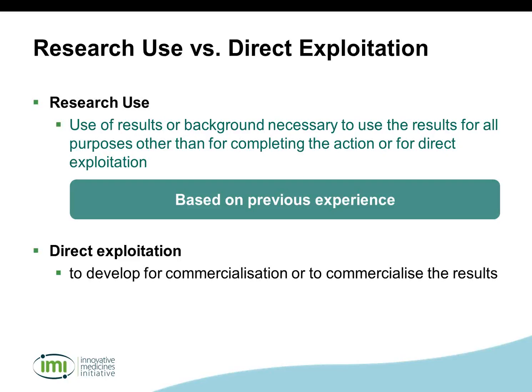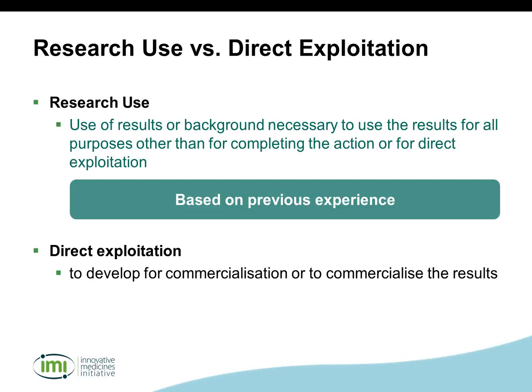So the key point of the IMI2 policy is research use. No question that you need to give access to your peers, the other participants, to your background or to your result if they need them to implement the action, because the entire consortium is concerned with achieving the project objective. But you may be requested to give access to your result or to your background not only for achieving the project objective, but to do something else.